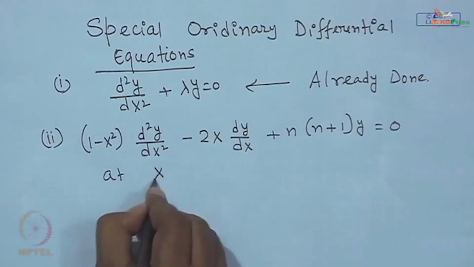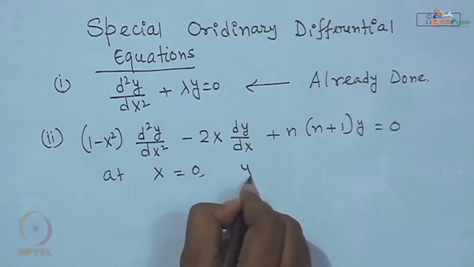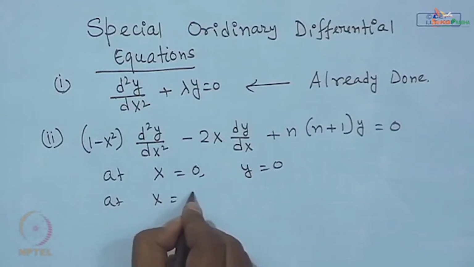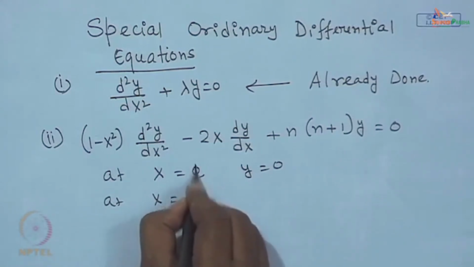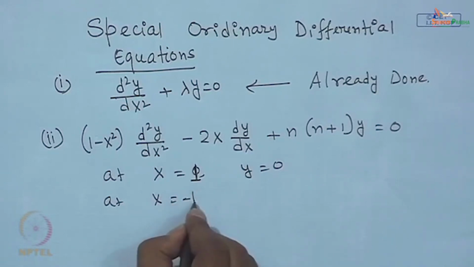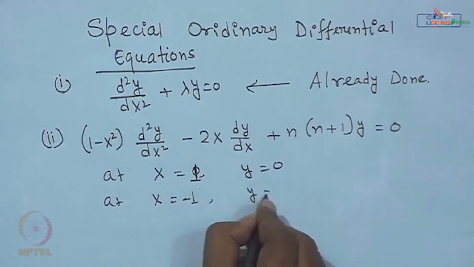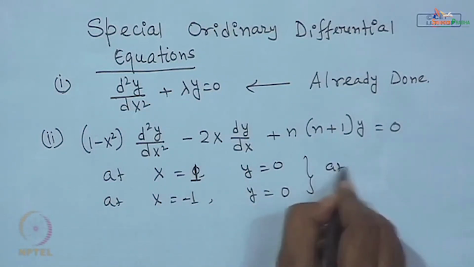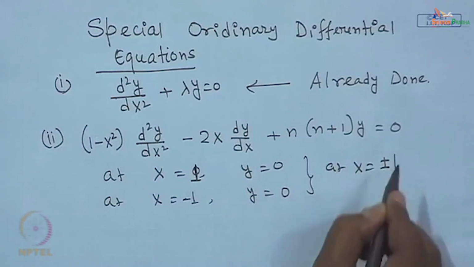at x is equal to plus 1, y equal to 0, and x equal to minus 1, y is also equal to 0. So, this is basically at x is equal to plus minus 1.